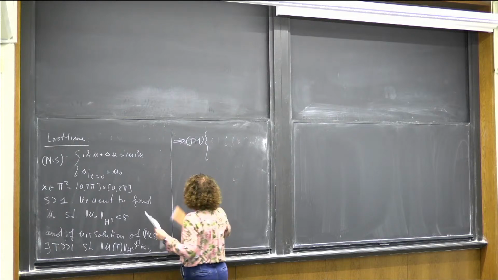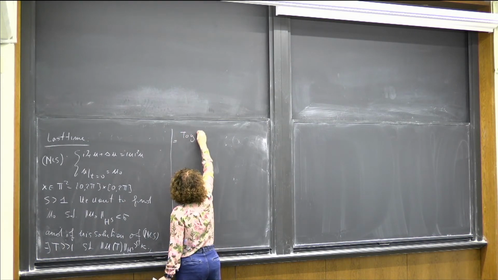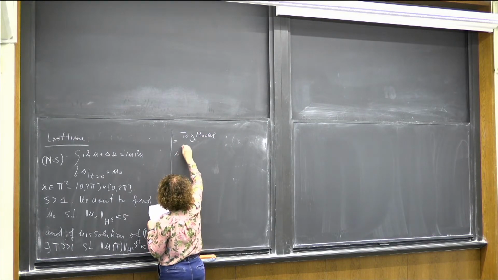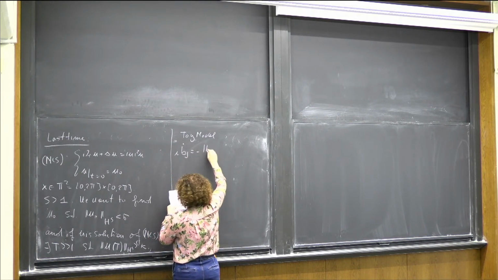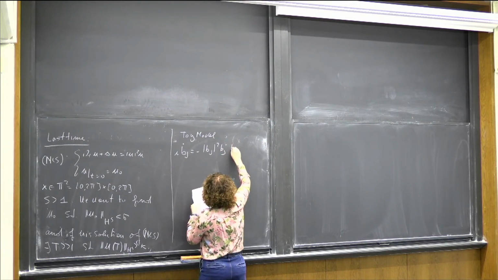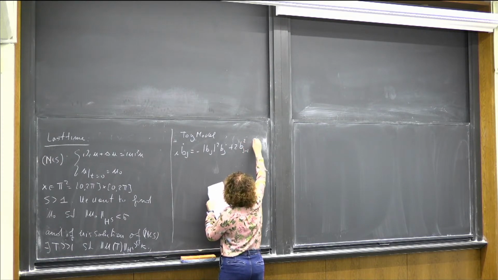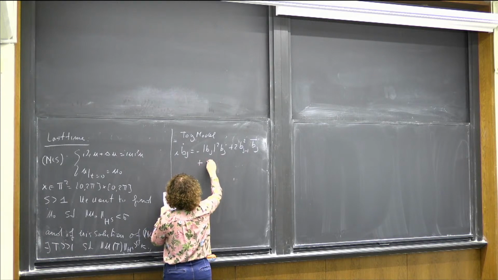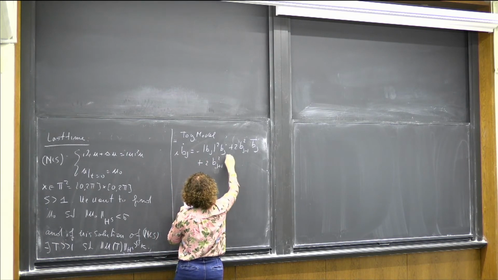Maybe I should just write it. b_j dot equals minus b_j squared b_j plus (b_{j-1}) squared b_{j-1} hat, and then plus (b_{j+1}) squared b_{j+1} hat.